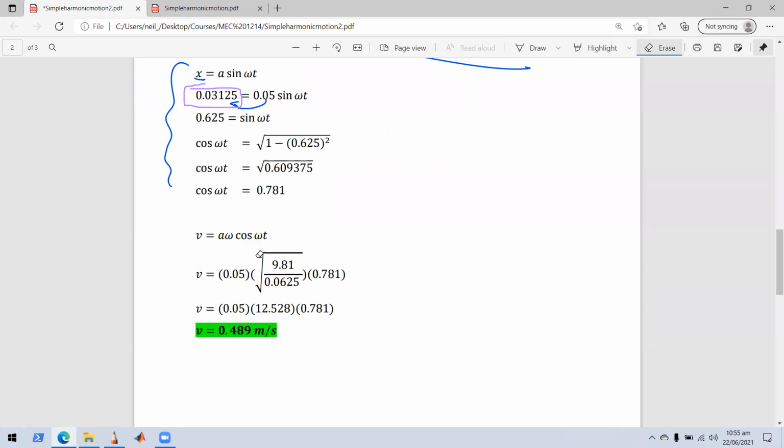Yes, sir. This part was coming to the omega part, where omega is equal to the root of the mass times gravity over something, and these two would cancel out.